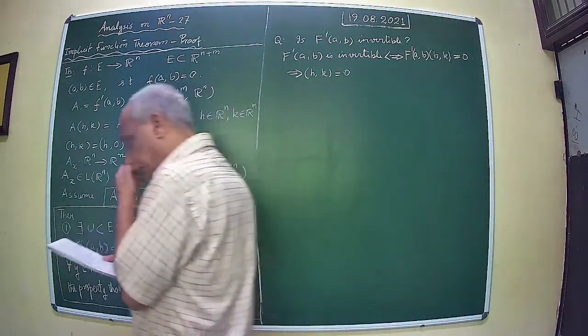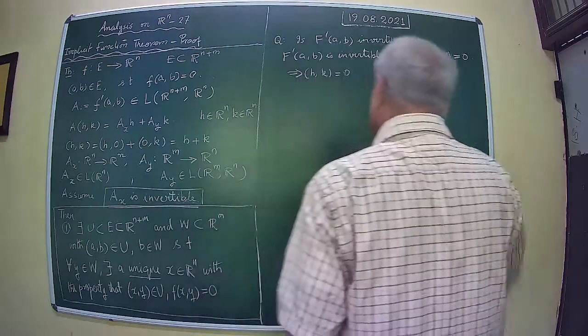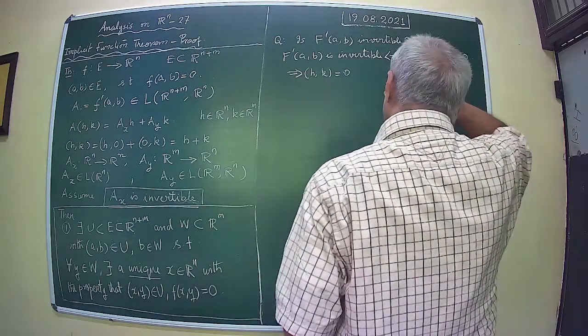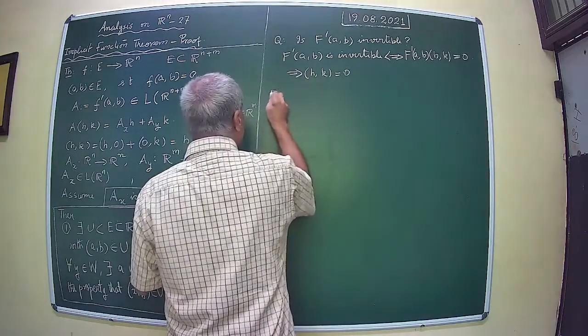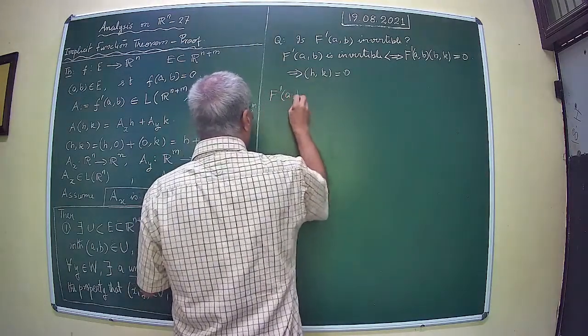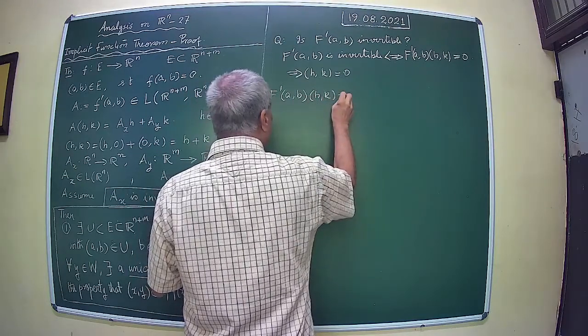So we have already computed what f dash AB is. Okay. So we'll look at this. Equal to 0.